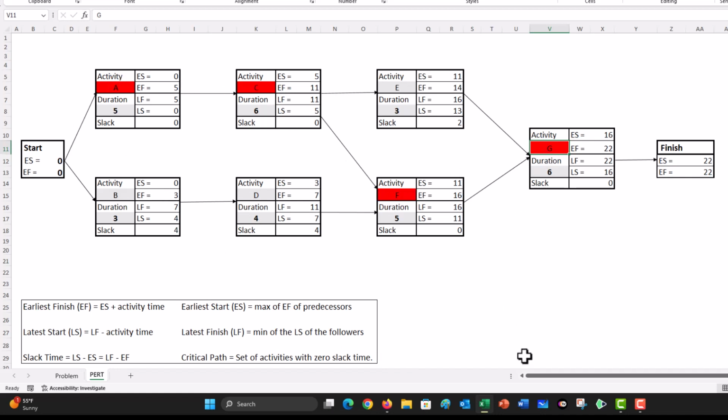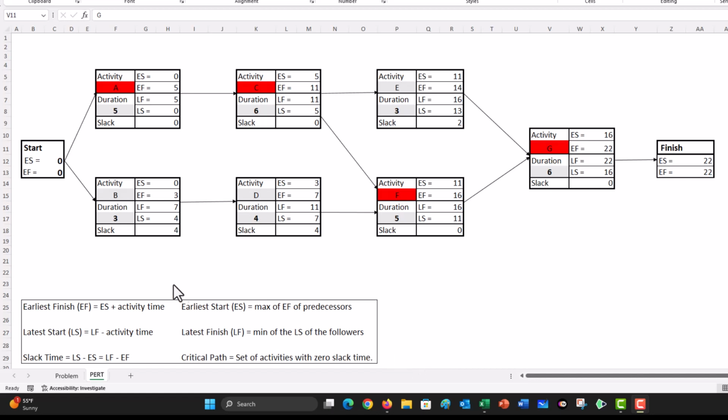This is how the critical path method is applied to project management to identify a set of activities that are critical to the project, and if they are delayed, they will delay the entire project completion time. On the other hand, activities that have positive slack can actually be delayed up to a certain point without delaying the project completion.